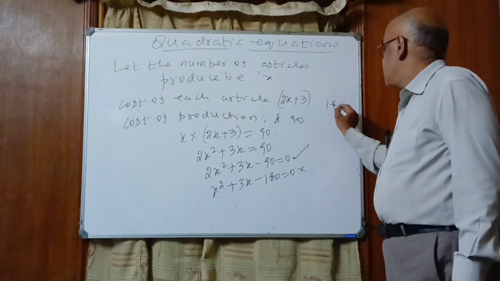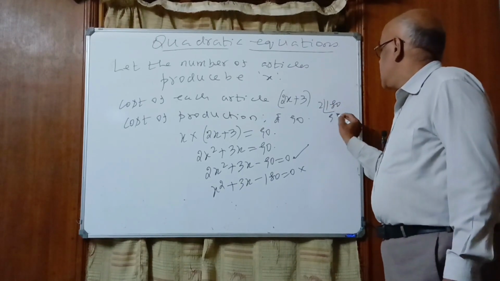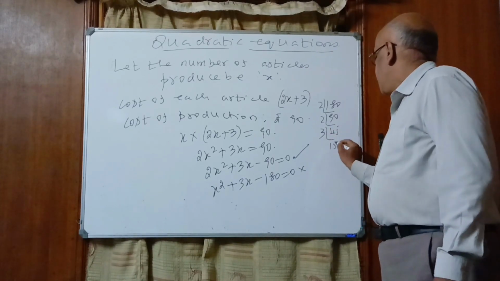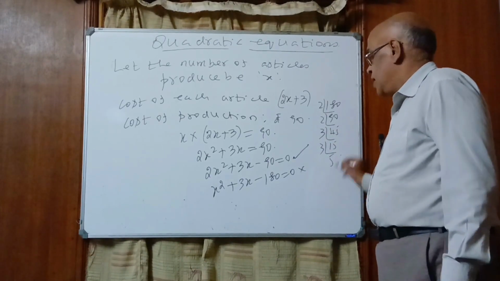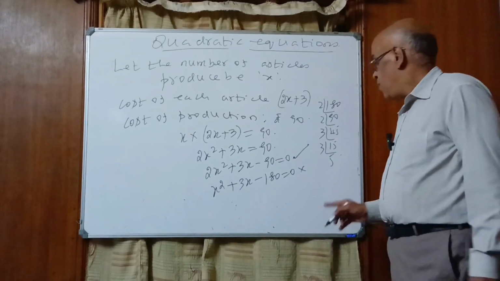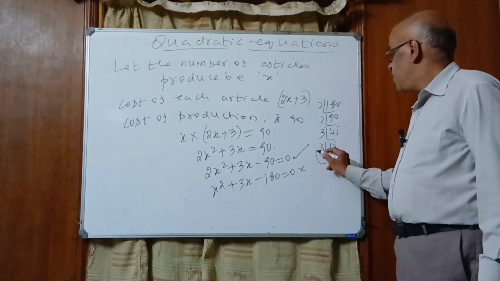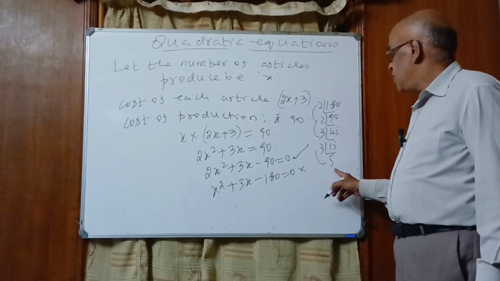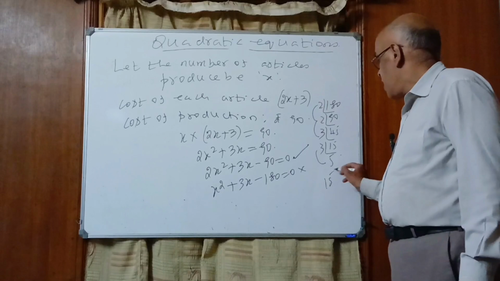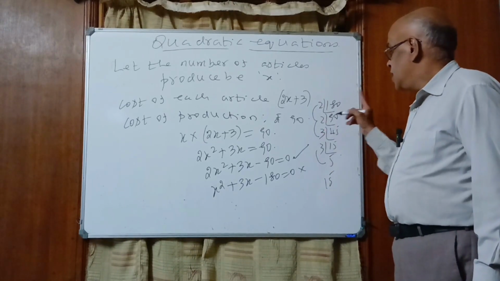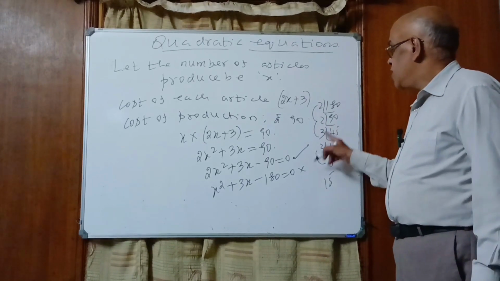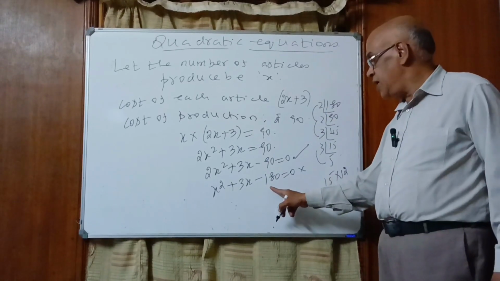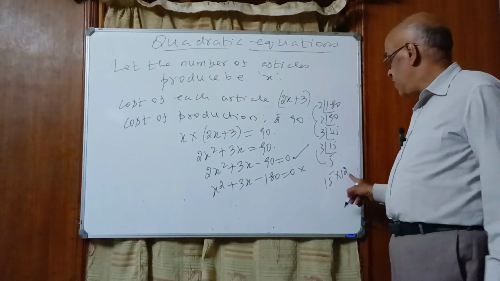What are the factors? 180: 2 9s are 18, 2 45s are 90, 3 15s are 45, 3 5s are 15. 5 3s are 15, 3 2s are 6, 6 2s are 12. 15 into 12 is how much, children? 180. 15 minus 12 is 3.